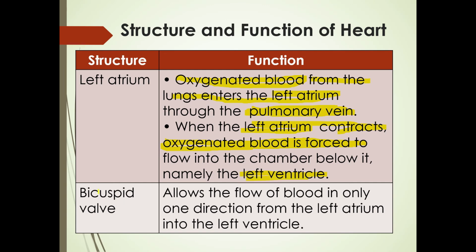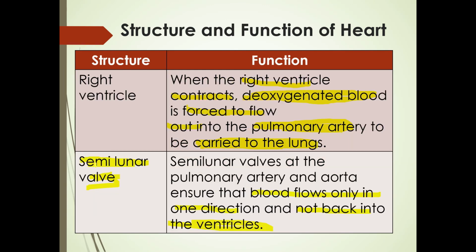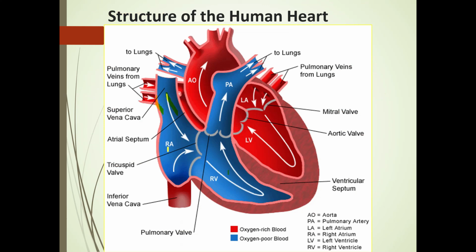Are you seeing it? I'll show the diagram. Now the oxygenated blood goes through the pulmonary veins and enters the left atrium. So the left atrium contracts, and it forces the oxygenated blood to the left ventricle here. So when it enters the left ventricle, what happens next? The left ventricle will also contract.